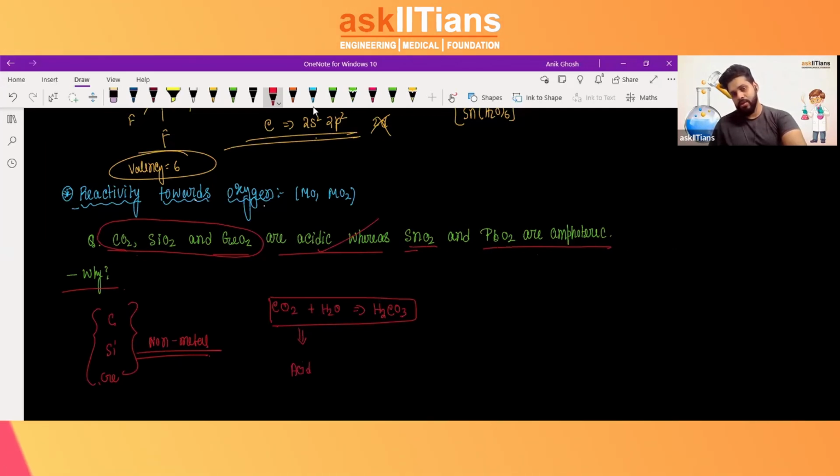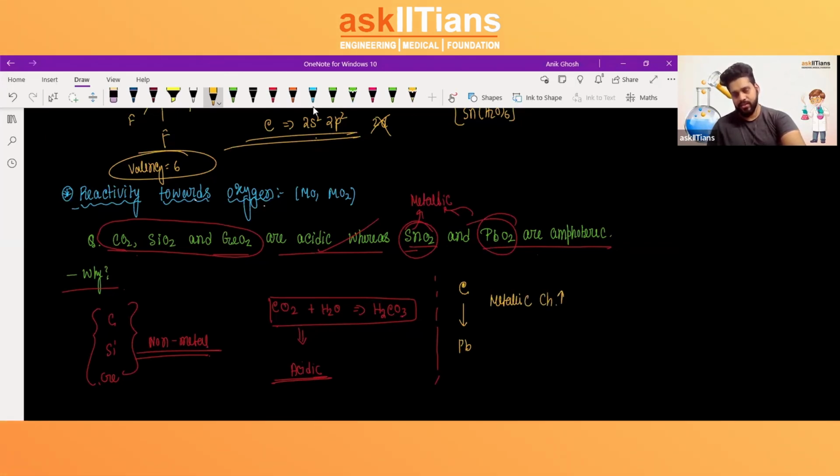Whereas if I talk about tin and lead, they are not yet 100% metal, right? They have partial metallic character. So the moral of the story is, from carbon to lead, metallic character increases.